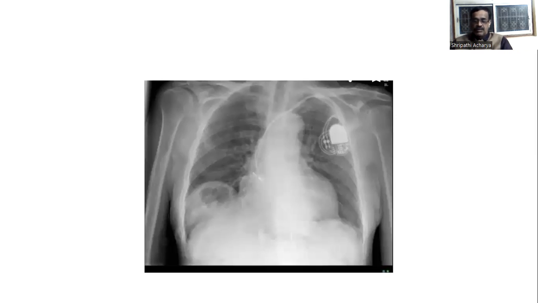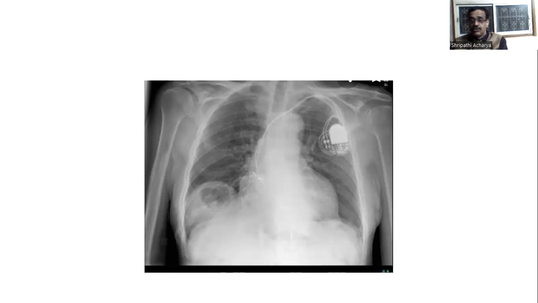You see on the right side, the abdominal content is seen in the thoracic cavity. This is another case of eventration. Stomach shadow is seen in the right thoracic area. Sorry, colonic shadow is in the right thoracic area.